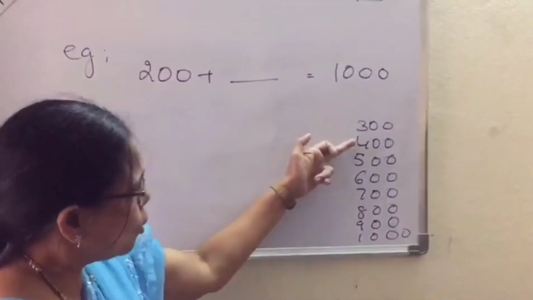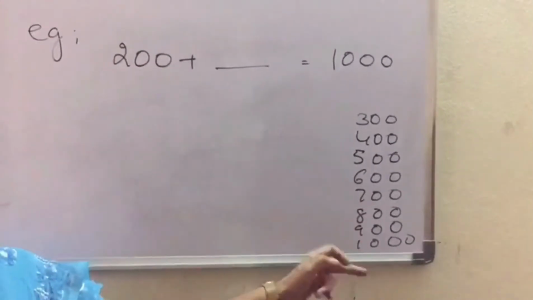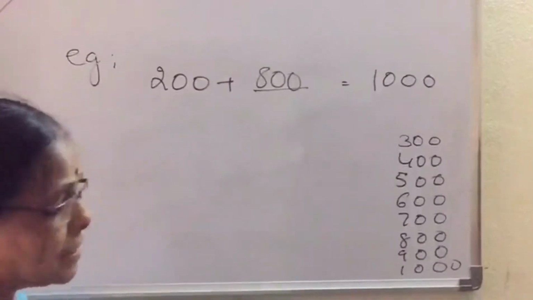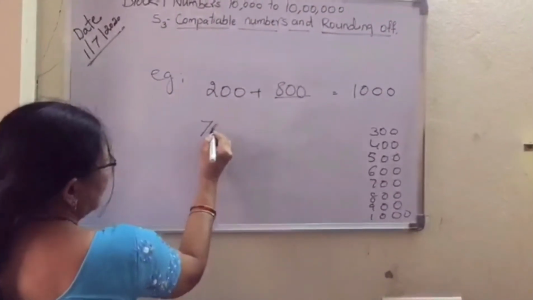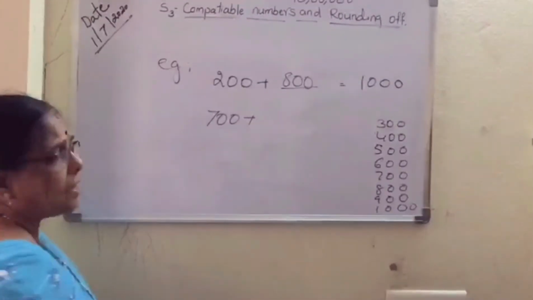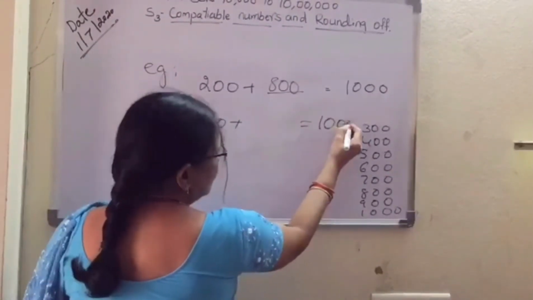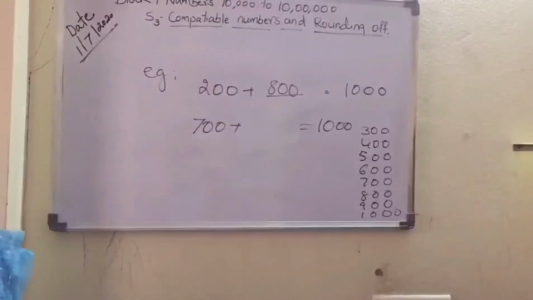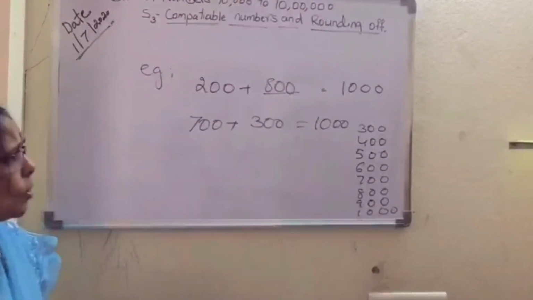See, 1, 2, 3, 4, 5, 6, 7, 8 hundreds you need. 8 hundreds. Next, suppose you have 700. If you have 700, how many more hundreds do you need to make 1000? 300. Say okay, children.